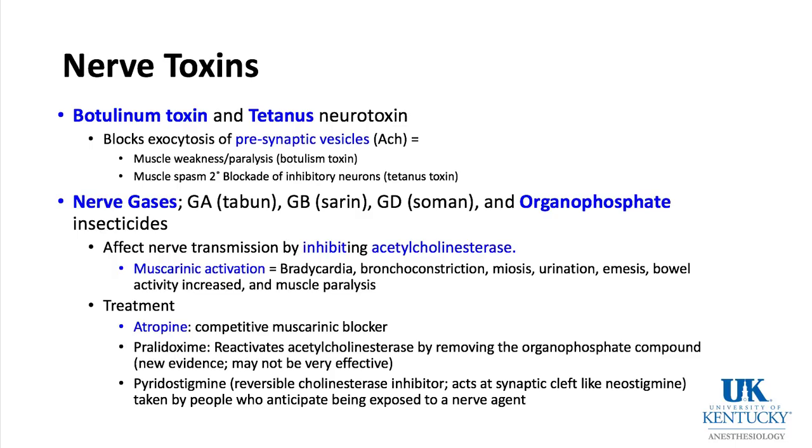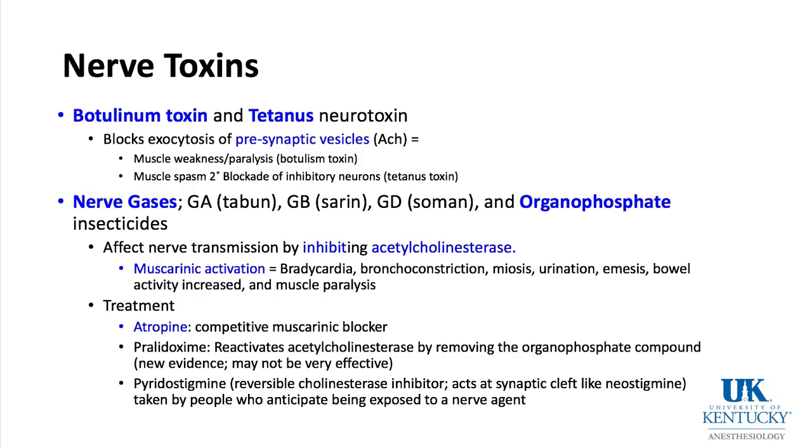The answer is botulism toxin causes presynaptic decreased release of acetylcholine at the neuromuscular junction, and we're paralyzed because of that, while in the case of tetanus neurotoxin, it's blocking inhibitory neurons. So if you block inhibitory neurons, you get excitation, and the muscles contract, and you get tetanic contraction. So the botulism patient's weak, the tetanus neurotoxin causes muscles to contract.